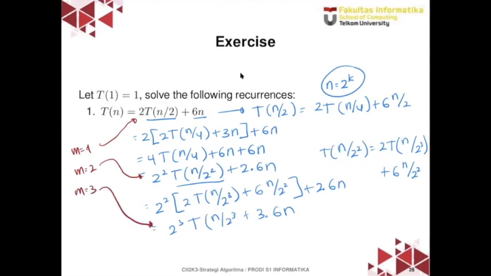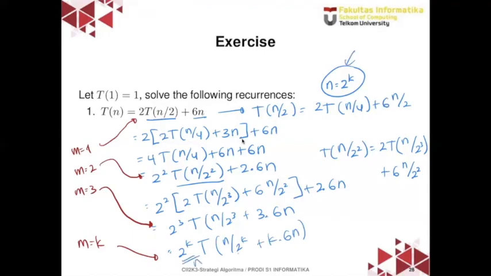So what happens if we have m equals k? For this case, we will have 2^k times T(n/2^k) plus k times 6n. And this is equal to n because we have this.